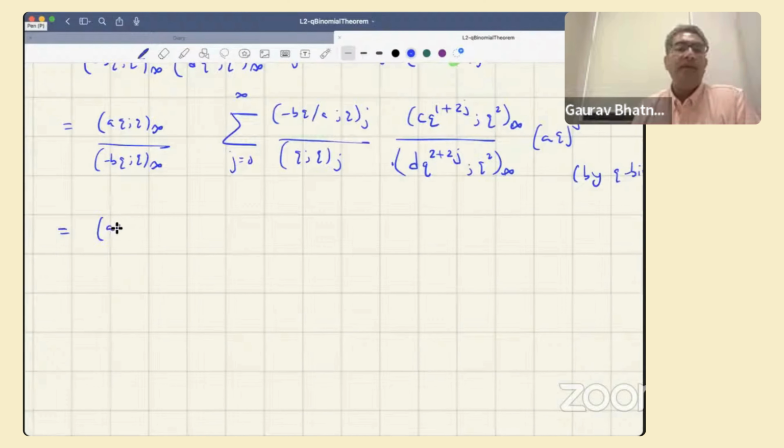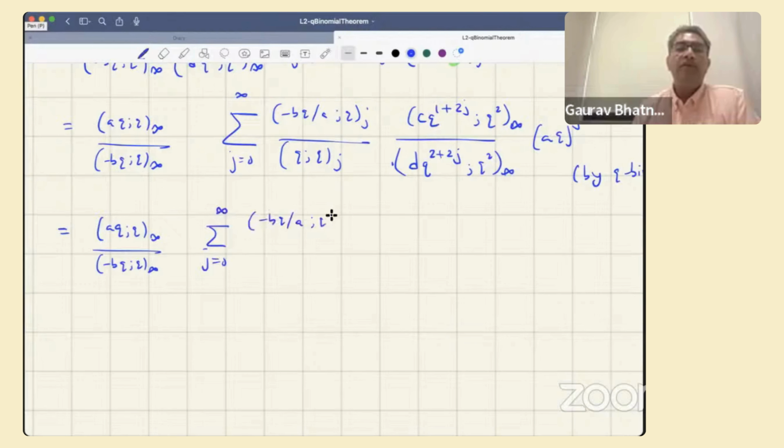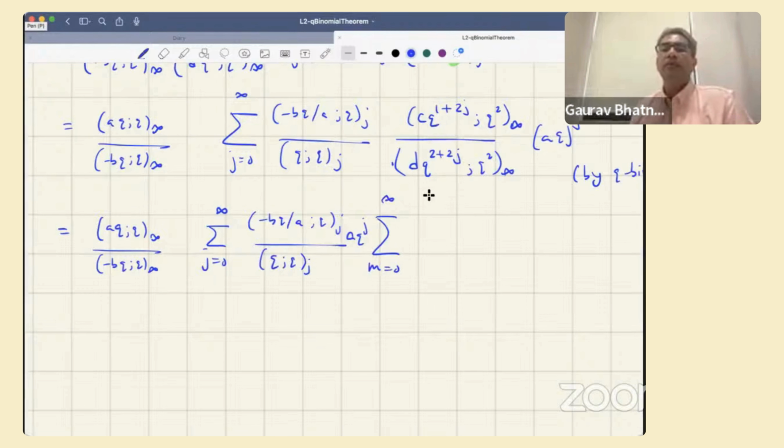And we have a q, q infinity over minus b q, q infinity. And then I have two sums, minus bq over a, q sub j, q sub j, and then this is a q to the j here, and m going from 0 to infinity. So again, now this over this, so it's c, have I got it right? cq over d should get.